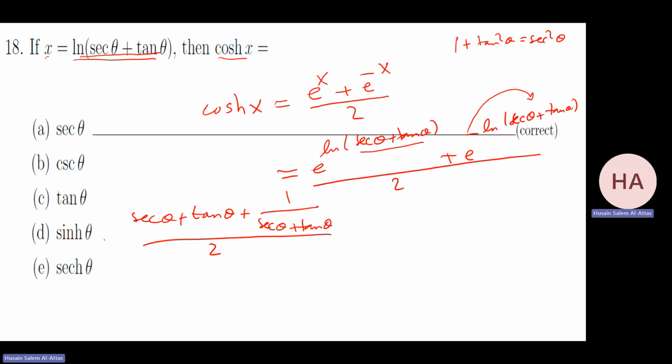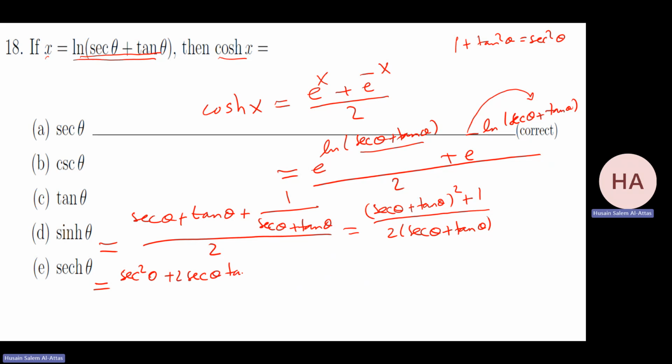Plus, this will be what? Be careful. Secant theta plus tan theta squared plus 1 over 2 secant theta plus tan theta. That will be secant squared plus 2 secant tan theta plus tan squared theta plus 1 over 2 secant theta plus tan theta.